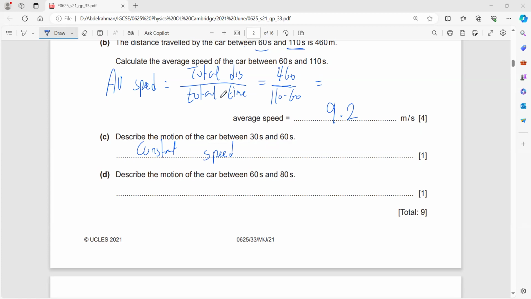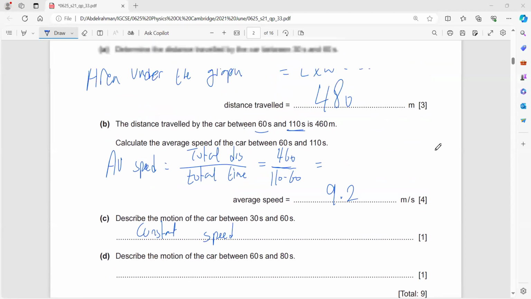You have a question? In the previous question about the average speed, should we write the equation itself and also the numbers to get marks? Yes, you have to write down the equation, the numbers, everything. Probably you will not lose marks if you don't write down the equation, but it's preferable to write it.